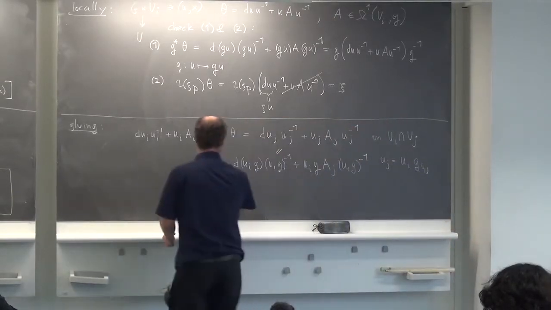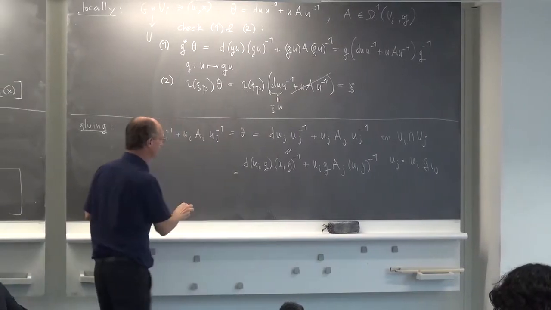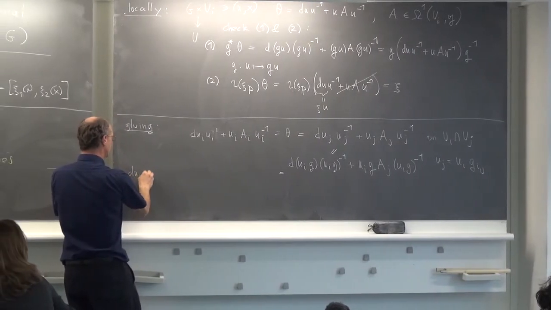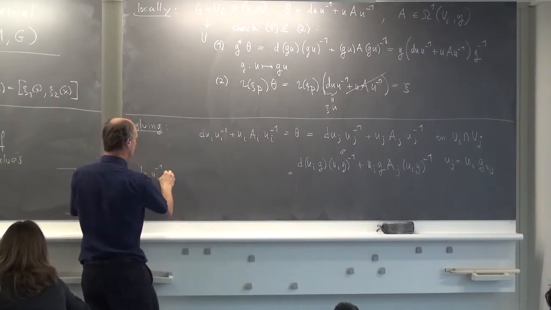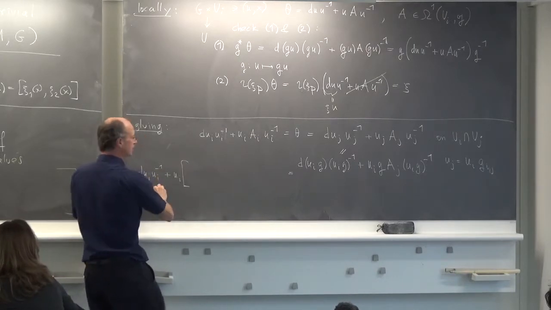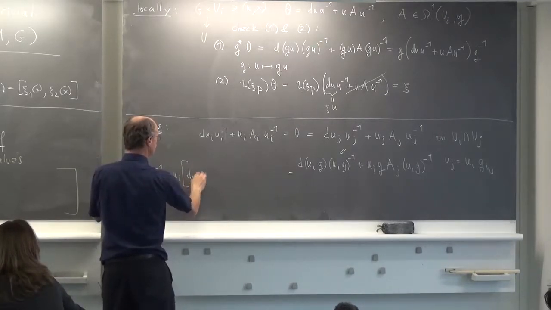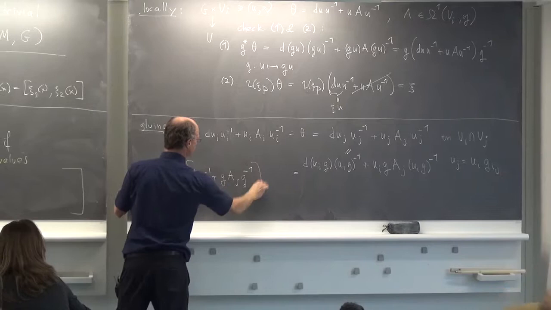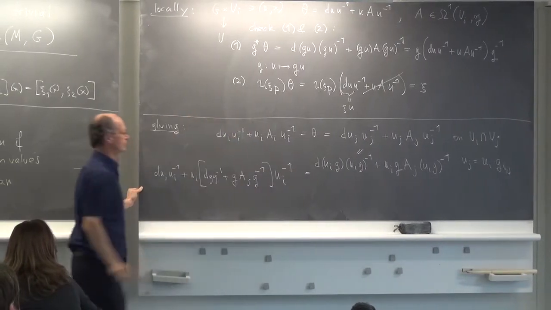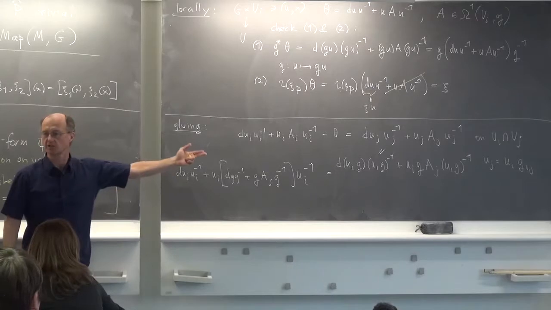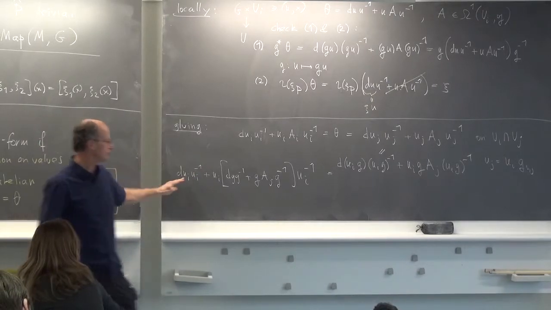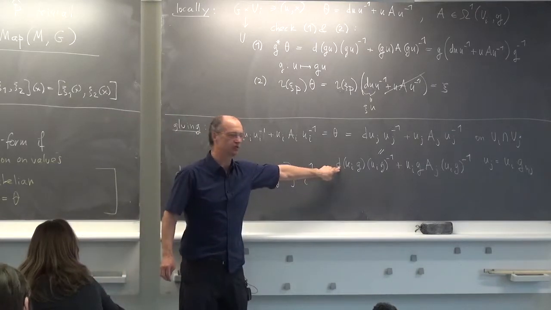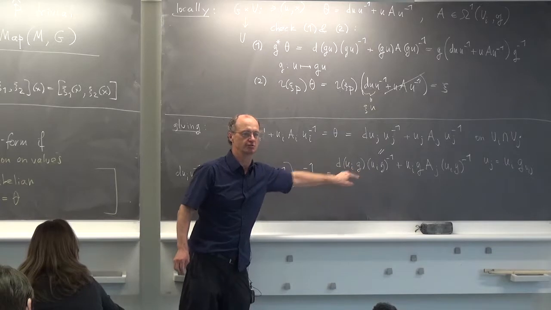So let me write down the result. I think it will be like this: dU_i U_i^{-1} + U_i, and here we'll have dg g^{-1} + g A_j g^{-1} U_i^{-1}. So I leave you to check that actually that's what's going to happen. So there will be 3 terms, 1, 2, 3. And the 2 terms, that's because here we can differentiate U_i or we can differentiate g.